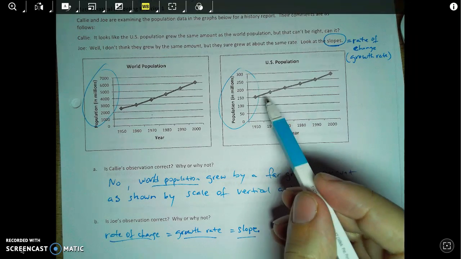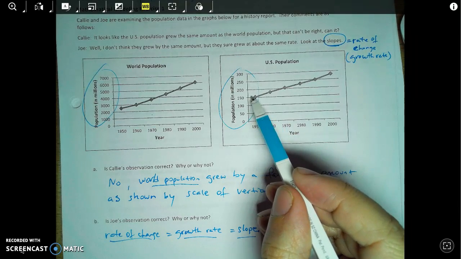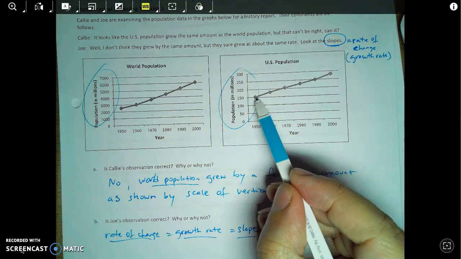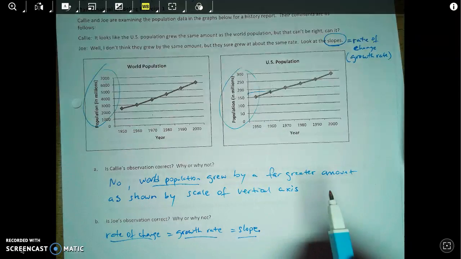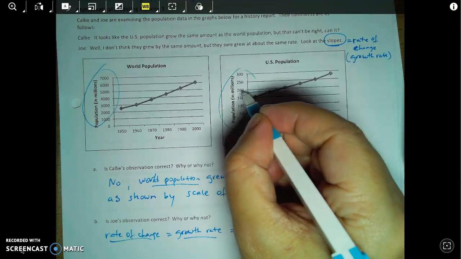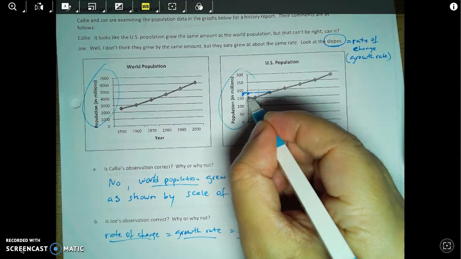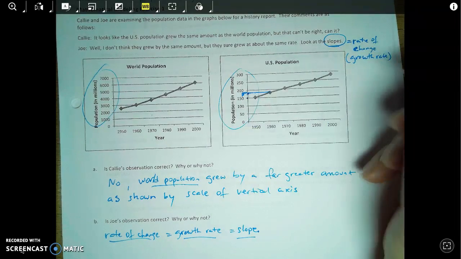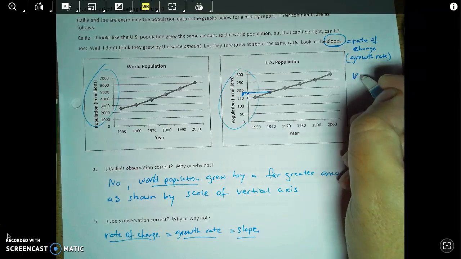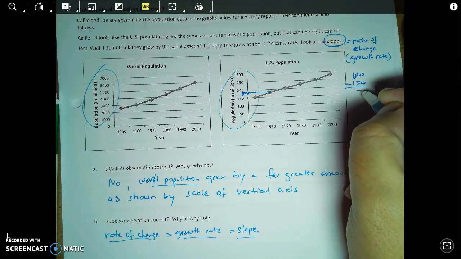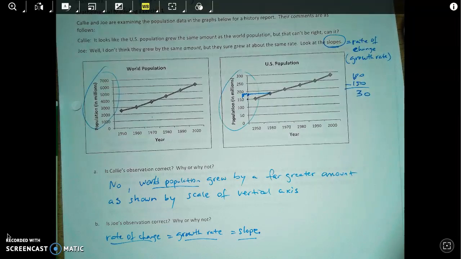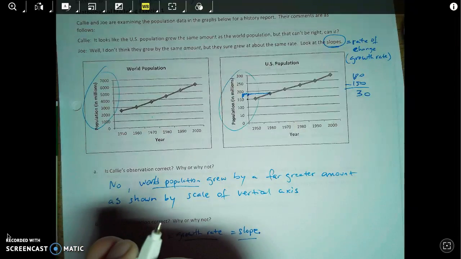So we can clearly see that from this point to this point, maybe this is 180 over here. So from 150 to 180, 180 minus 150 is 30. So we grew by 30 million.